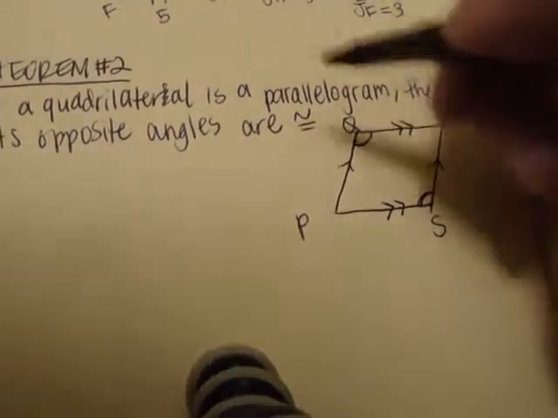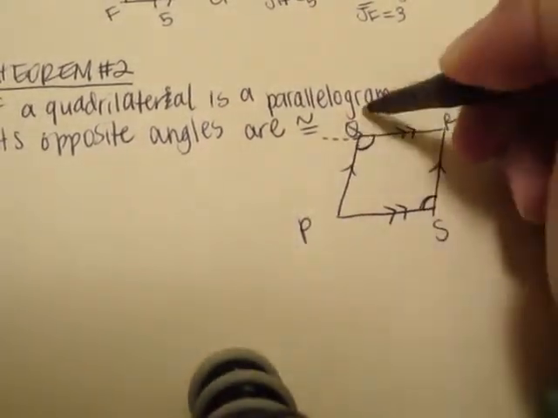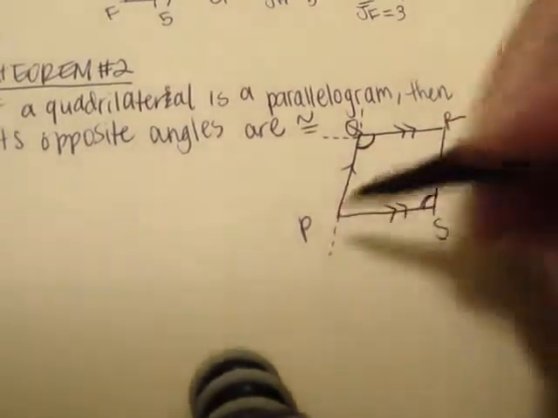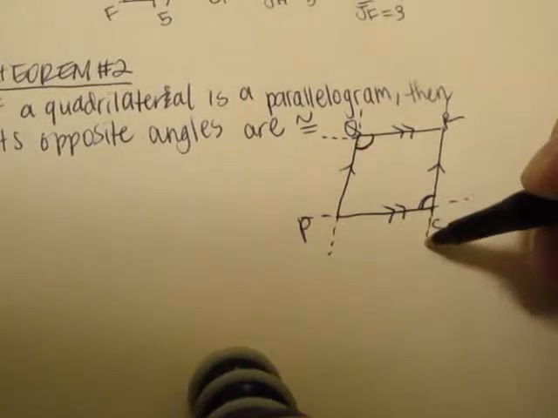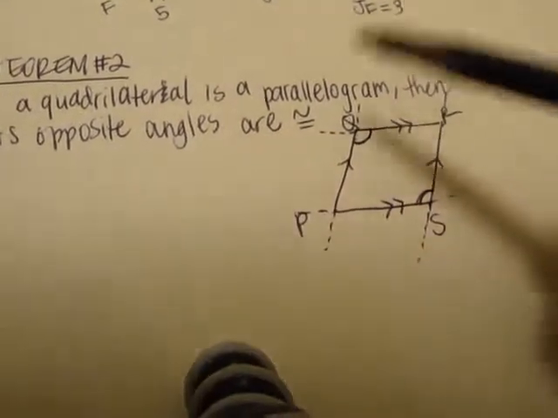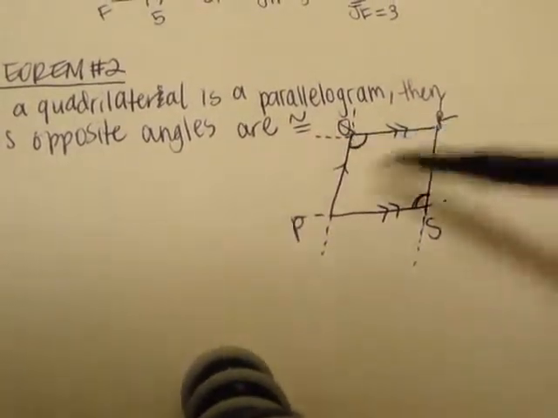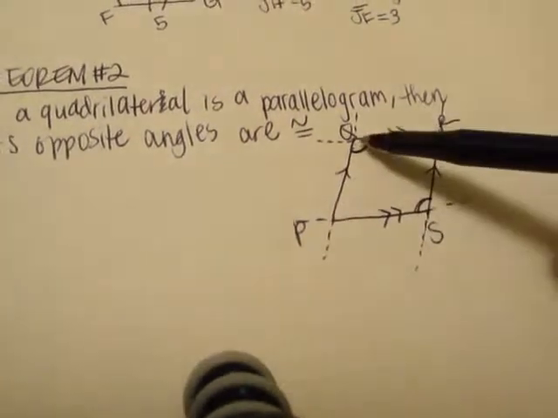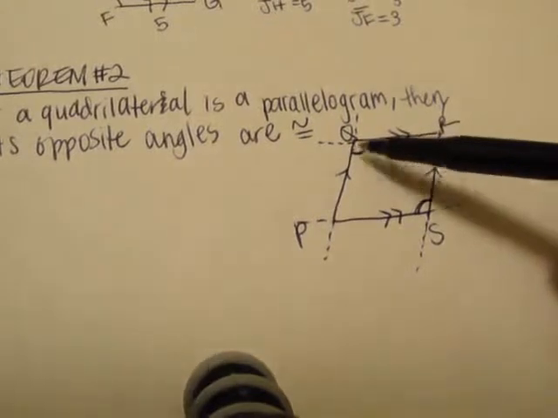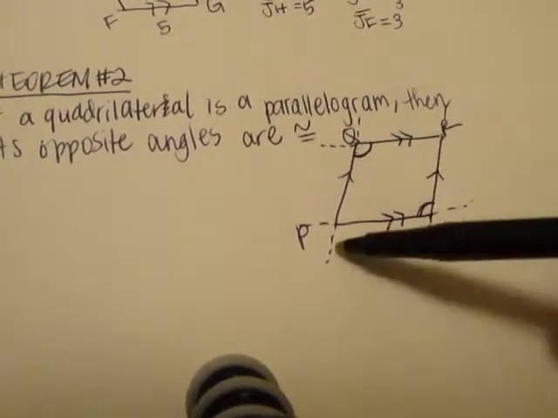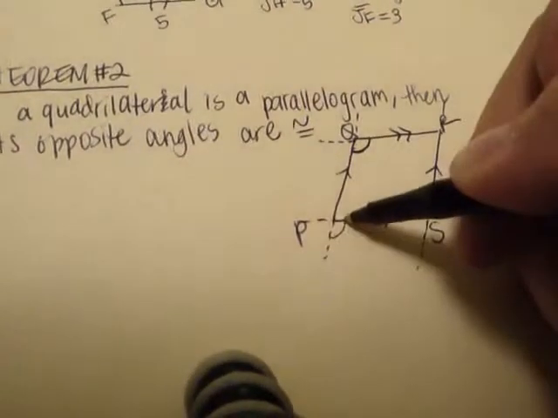Why this works is this, okay? Remember parallel lines and angle relationships? I'm just going to extend out these lines a little bit to help us see this. But we know that in parallel lines with a transversal, the corresponding angles, like the one here and the one here, are congruent.